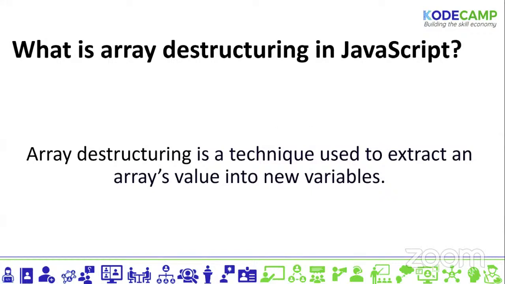So what is array destructuring in JavaScript? Array destructuring is a technique used to extract an array's values into new variables. We have arrays, and if we want to pick each value of that array, we refer to those values using their index.